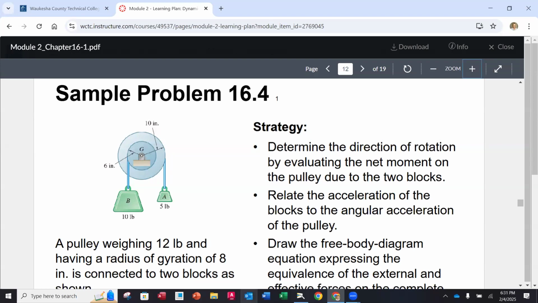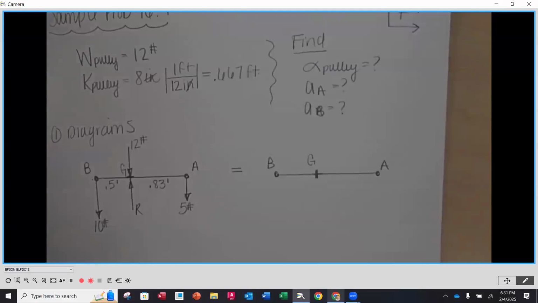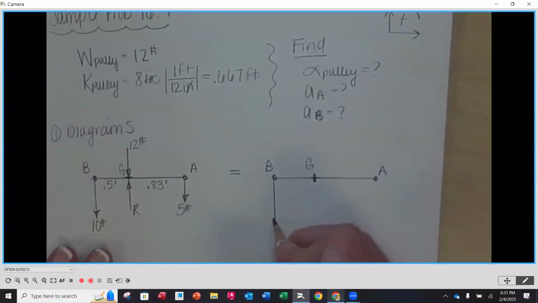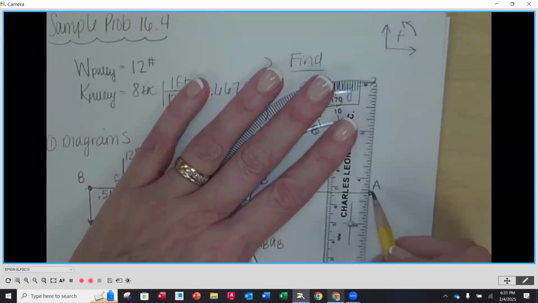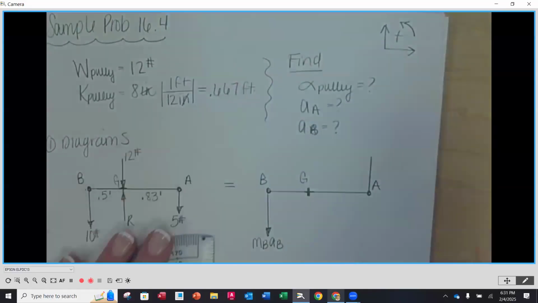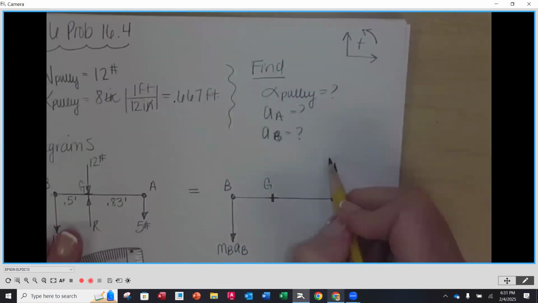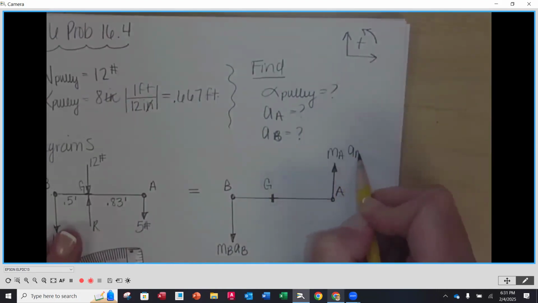So we are going to show MB times AB right here, going in a downward direction. And then, if you compare it to the book for a moment, we're going to put the MA times acceleration A.